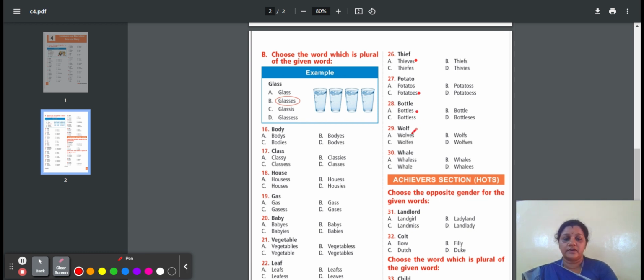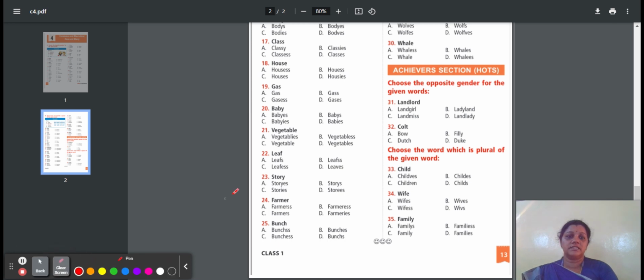Here this word ends with F, so we have to remove this F and add VES. So the option is A, wolves. Rest of the options are meaningless. 30, whale. Here we have to add just S. So this B option, whales. Rest of the options are meaningless.